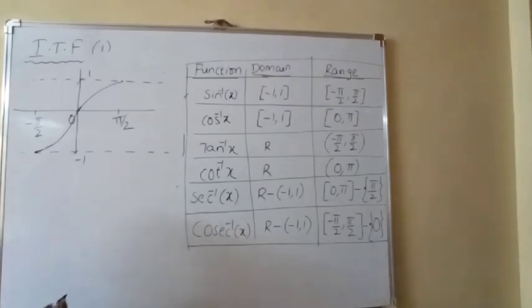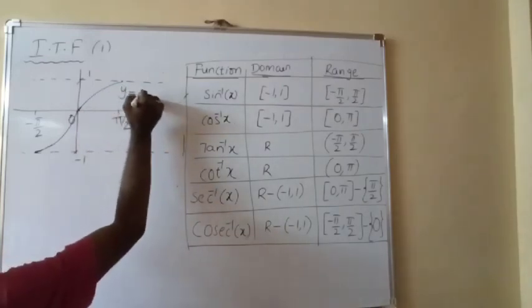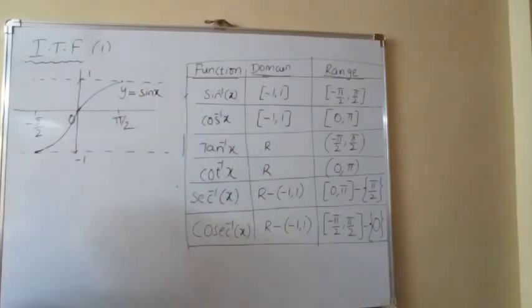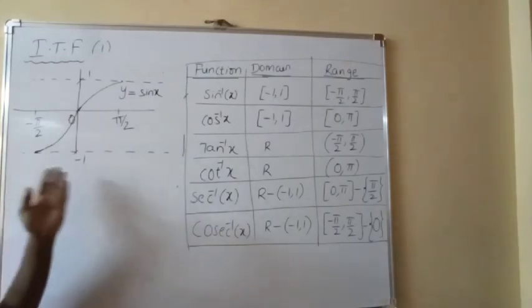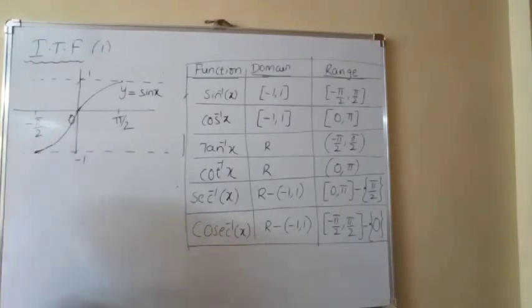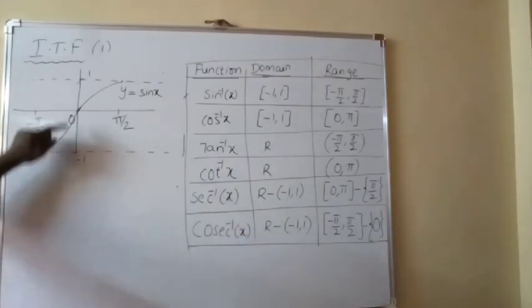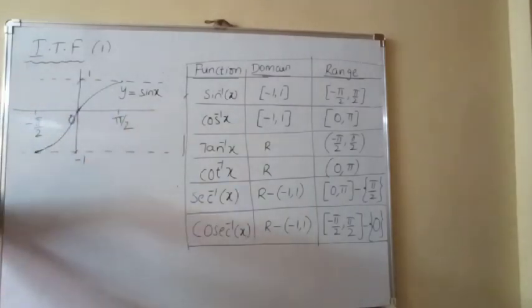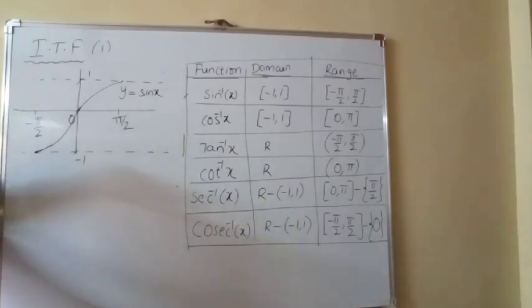So this is y equals sine x on the closed interval minus pi by 2 comma pi by 2. Clearly from the graph also we can say that it is a 1-1 function. If you draw any horizontal line, that horizontal line meets the graph of the function at most one point. Hence it is a 1-1 function. And also from the graph, what is the range of the function? The closed interval minus 1 comma 1. If you take the codomain also as the closed interval minus 1 comma 1, then it is an onto function. Hence it is an invertible function.